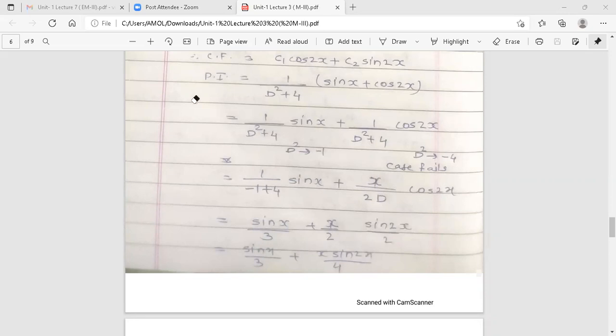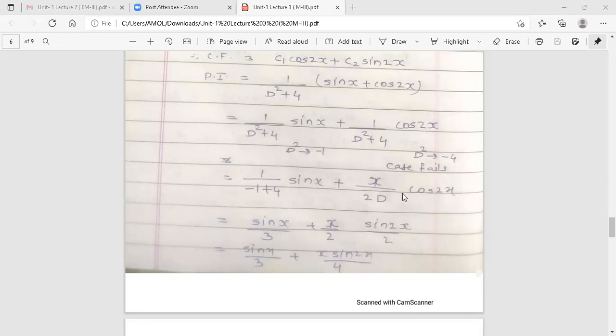See, this x by 2 as it is, and cos 2x by D. Now 1 by D is integration. When D is in the denominator, in that case we take the integration of the function.